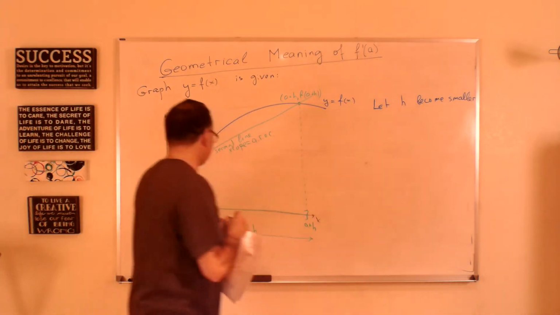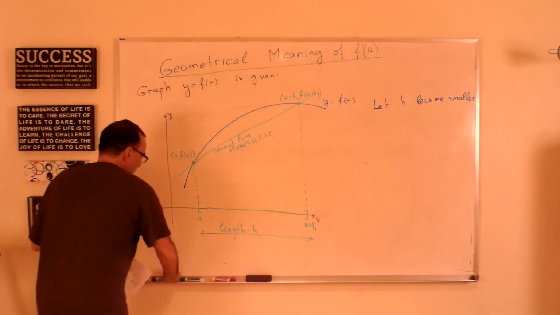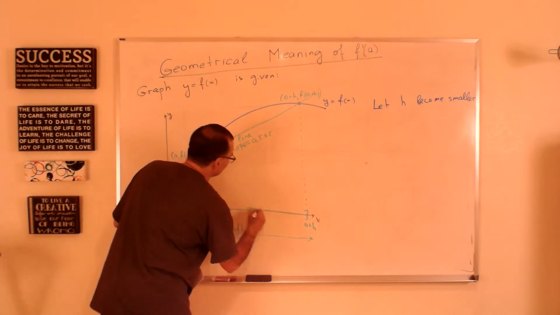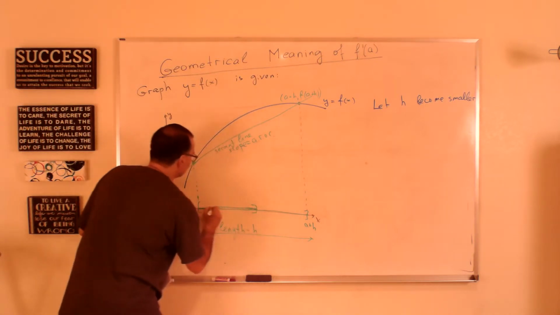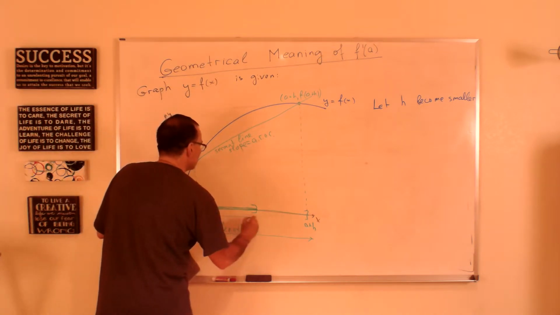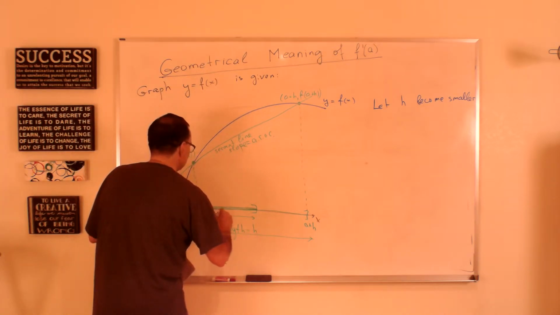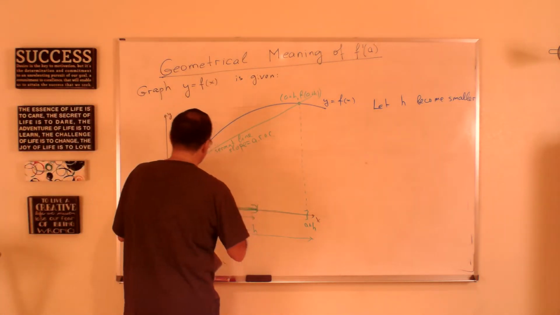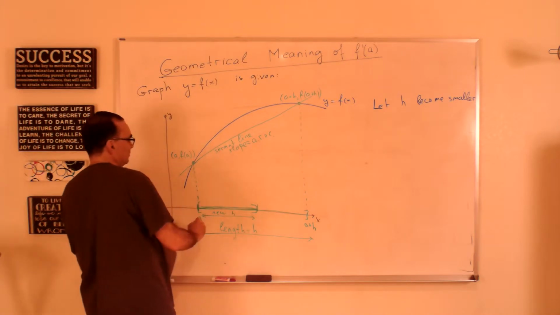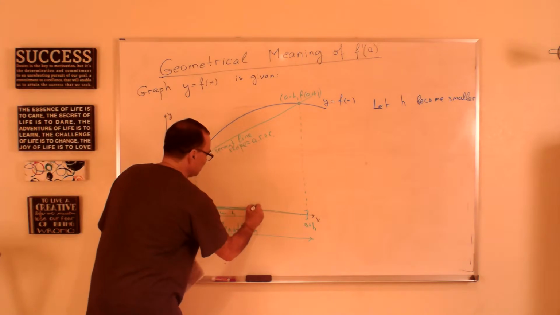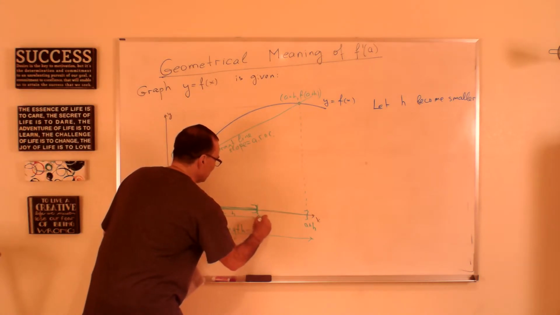And that means that instead of the interval from here to here, we will consider a smaller interval, for example, from here to here only, like half of the original length. So this will be my new h. The new length of the interval is twice as small. And then the beginning of the interval will still be the same, but the end of the interval will now be at this point. So this is the new a plus h.